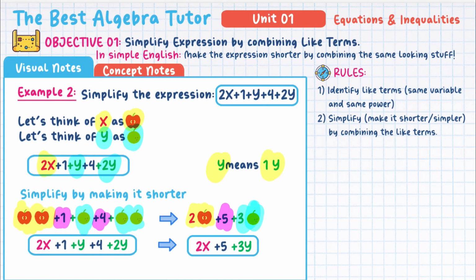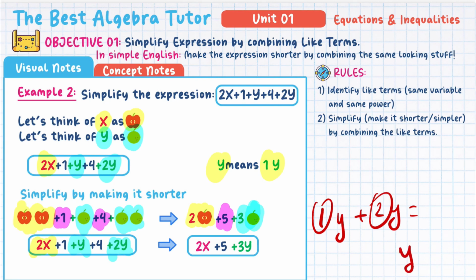So if we want to go back to the algebraic expression, it's the same thing. I'm highlighting my apples in yellow, my oranges, my y plus 2y. Again, remember, we have 1y plus 2y, because y is the same family.